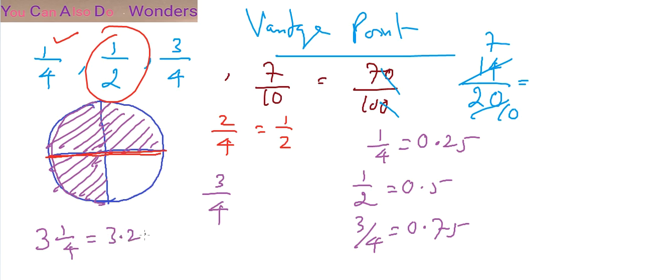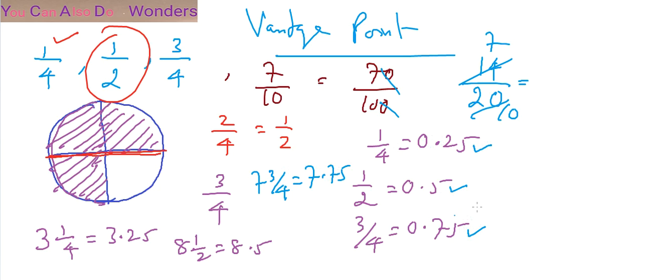In decimal this can be written as 3.25, because 1 by 4 is 0.25. Similarly, 8 1 by 2 is 8.5, and 7 3 by 4 is 7.75, because 1 by 4 is 0.25, 1 by 2 is 0.5, and 3 by 4 is 0.75.